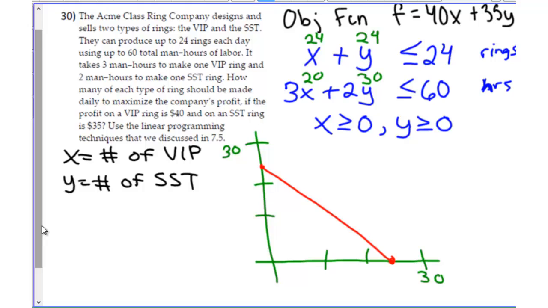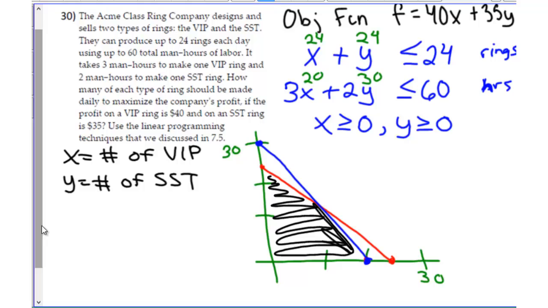This one, 20 and 30, so that's an x-intercept of 20 and a y-intercept of 30. It is good that these lines cross, like that's something that normally happens, so if your lines don't cross, that's a bad sign. And it's also less than that line, so the region we're talking about is this region right here. That's below both of those lines, but only in the first quadrant.